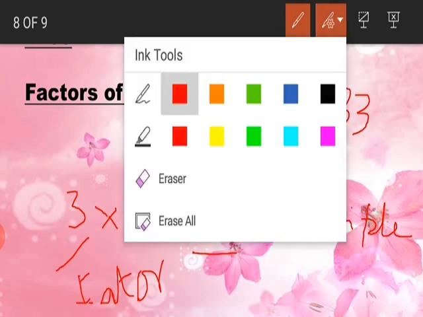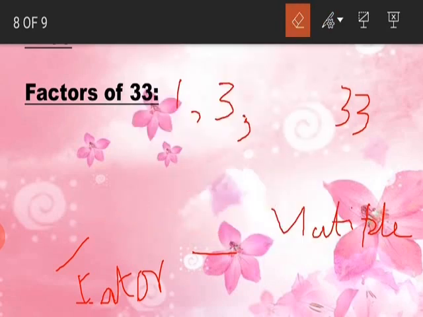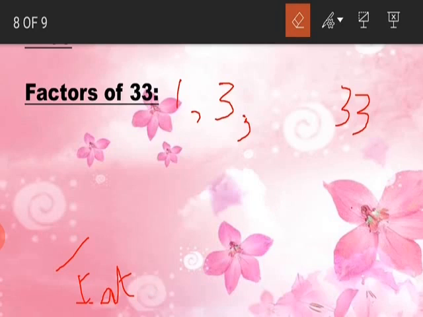Now class, after 3 we will look for the number 4. Is 33 a factor or multiple of 4? No. Is 33 a multiple of 5, 6, 7, 8, 9, 10? No. 33 is not a multiple of any number like 4, 5, 6, 7, 8, 9, 10.